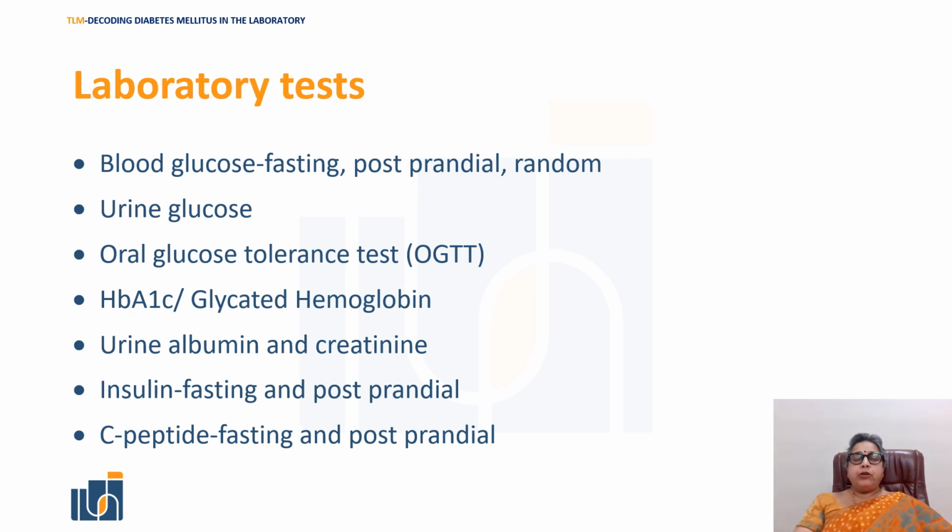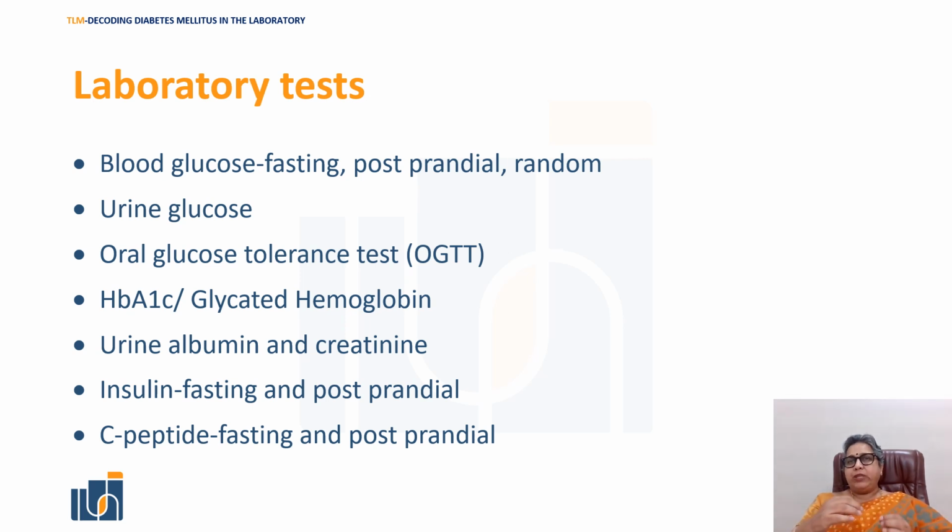So the various laboratory tests, as most of us are commonly aware, the cornerstone of the diagnosis of diabetes mellitus is blood glucose, whether it is fasting blood glucose, postprandial blood glucose, or random blood glucose. This is a very important step in the diagnosis and the monitoring of diabetes. Also important is urine glucose. Oral glucose tolerance test.